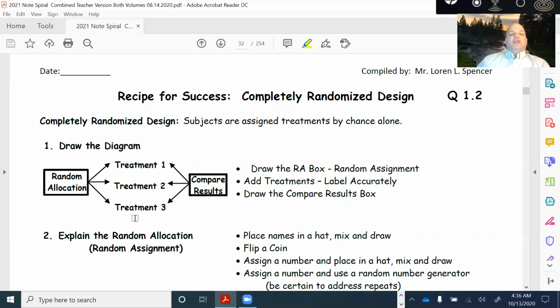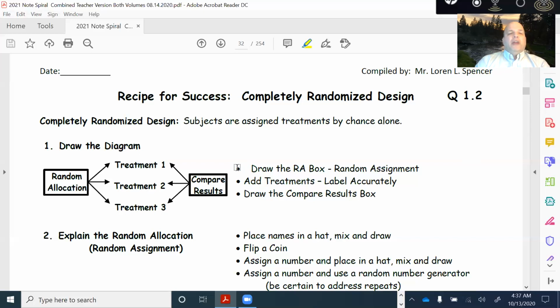Then we have the treatments. In this case, we actually only have one explanatory variable, but it has three levels, treatments 1, 2, and 3. And it could be something like new drug, old drug, and placebo. You must always have two treatments as a minimum, because you must have something to compare to.